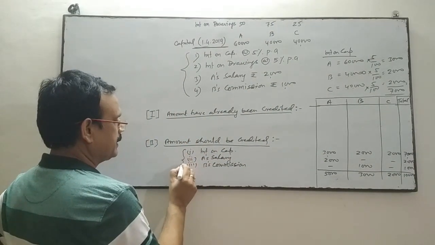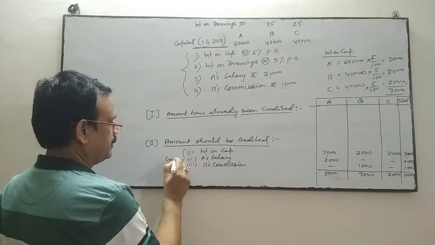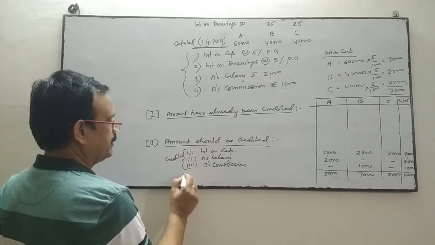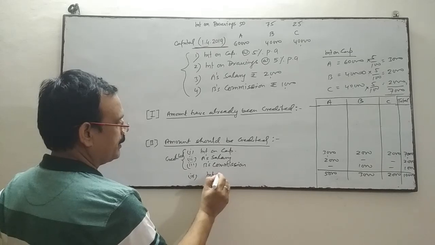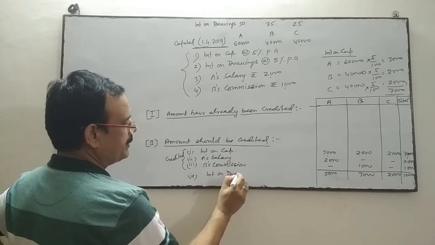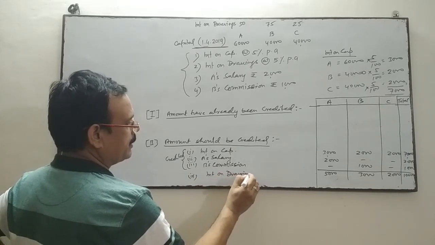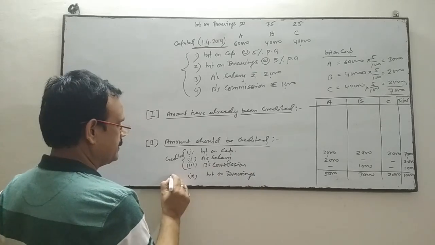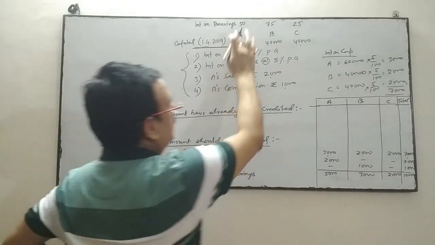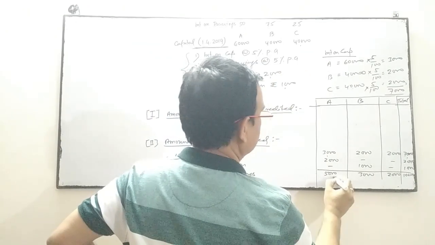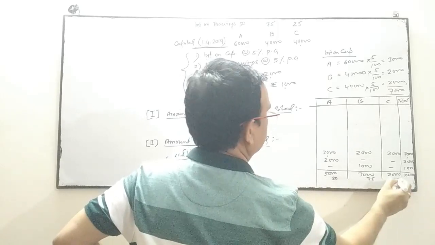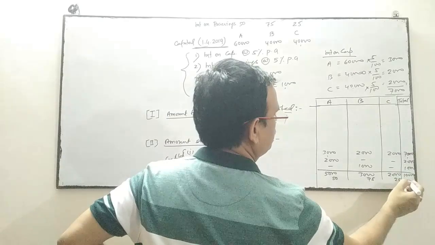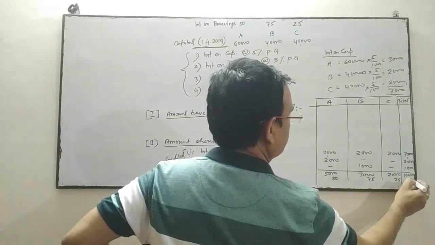These three items should be credited, and one item, interest on drawing, is debited in the partners' capital account. So interest on drawing of A is 50, it is 75 and it is 25. So total is 150.